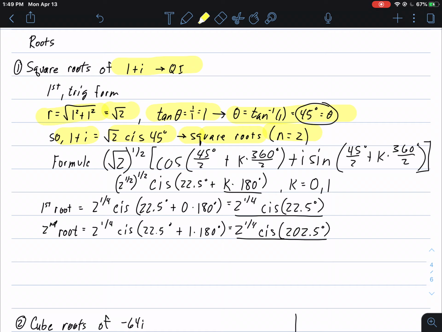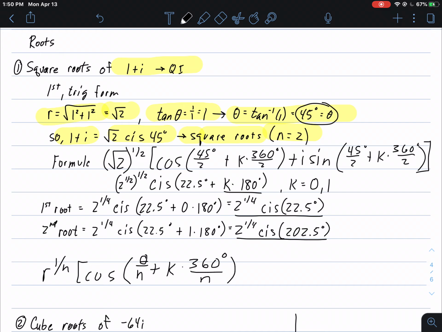So then here's our formula. It's r raised to the 1 over n. Let me maybe rewrite that underneath here again. It's r raised to the 1 over n times the cosine plus i sine of theta over n plus k times 360 over n, or 2 pi over n.